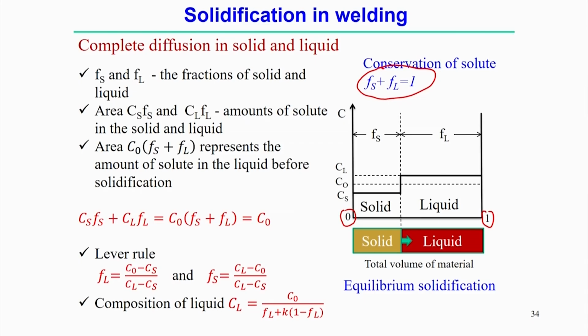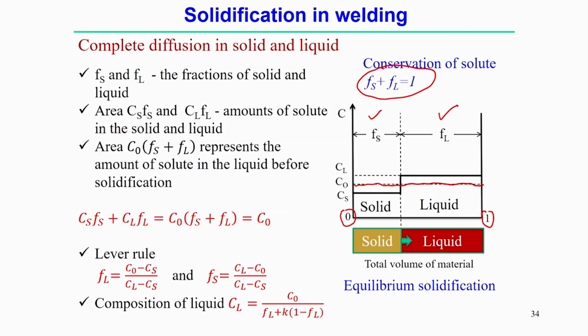So, the total fraction should be 1. Graphically, at any point, this is the solid fraction and this is the liquid fraction, and C0 is the initial composition of the solute.